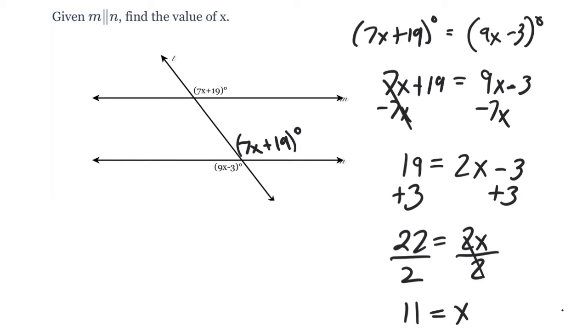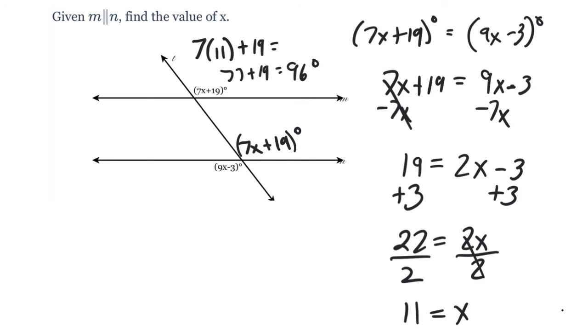I can check that if I wanted to. If I want to go back and check that, then all I would want to do is make sure that if I plug 11 into this angle and plug 11 into that x, that it comes out to the same. So if I wanted to plug it in, I could say, okay, well, 7 times 11, and I know that's going to be 77, plus 19 equals what? 77 plus 19 is going to equal 96, and it'd be a 96-degree angle.